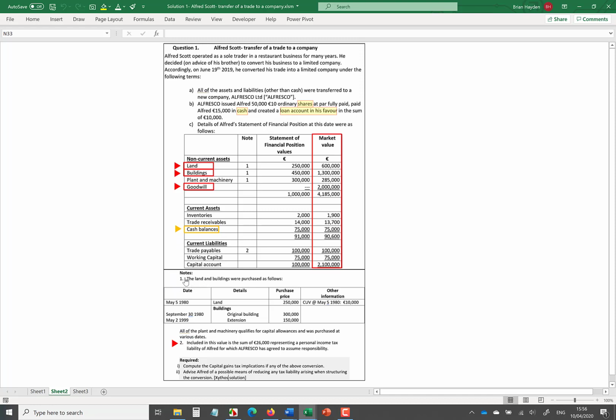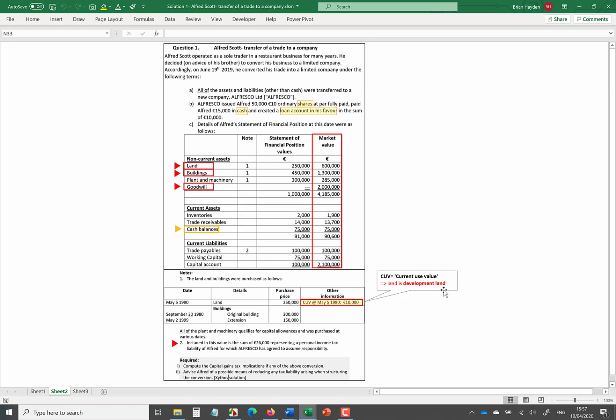Looking at some of the notes underneath, you've got your liabilities there, but the land and buildings were purchased as follows. Land was bought for 250,000 with a current use value of 10,000. It was bought back in 1980. Now, CUV is the abbreviation for current use value. What that tells me is the land is development land, and all the restrictions that apply when calculating a gain or loss on development land will need to be brought into our calculations.